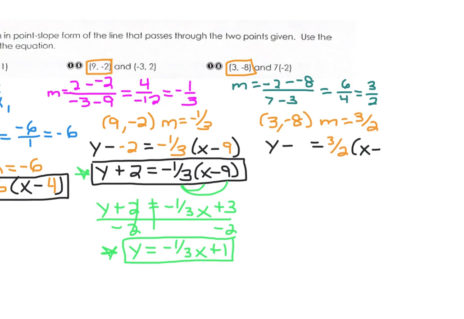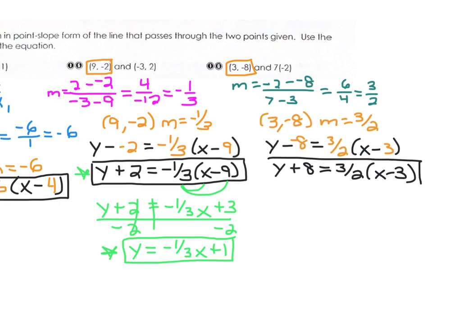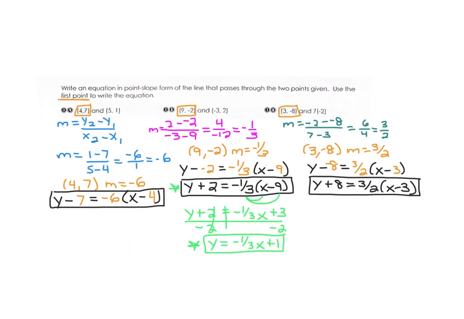Y minus y1, that should be a -8, equals slope times x minus x1, which would be 3. And then that will simplify. Minus a -8 would be y plus 8 equals 3/2 times x minus 3. And there's our point slope form. All right, that's how we write from two ordered pairs into point slope form.